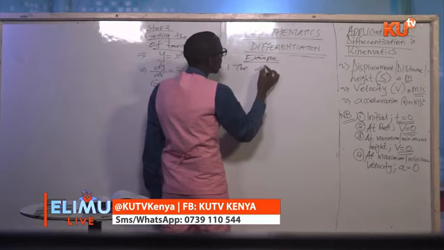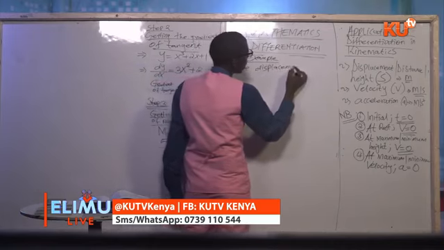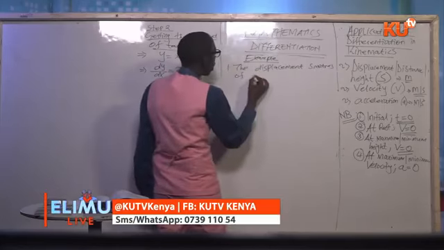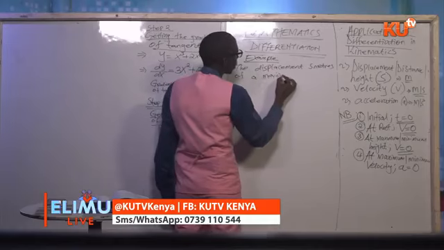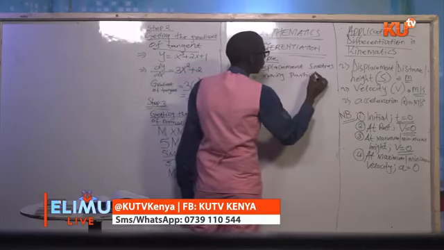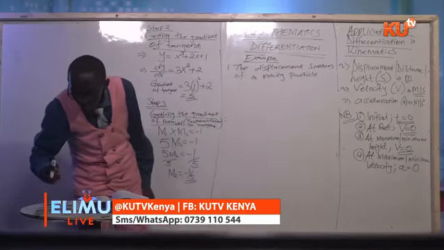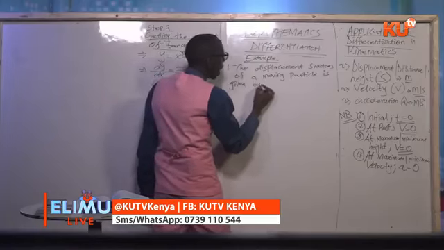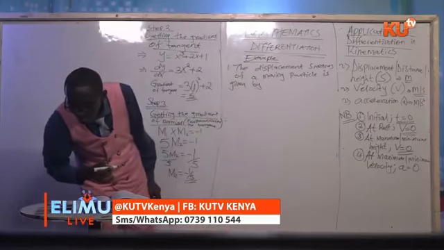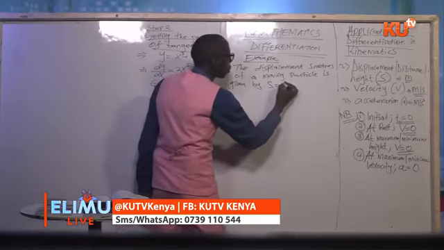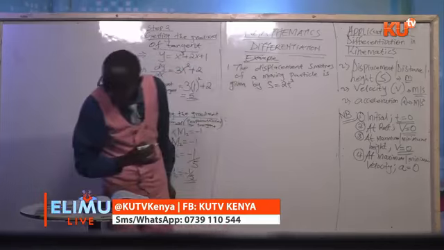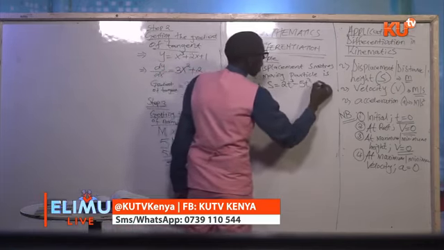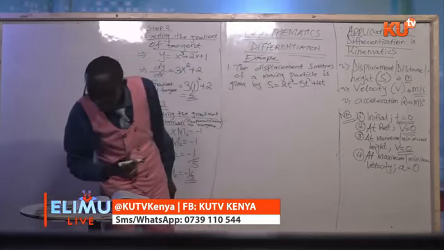The displacement S meters of a moving particle is given by S is equal to 2t cubed minus 5t squared plus 4t plus 2.